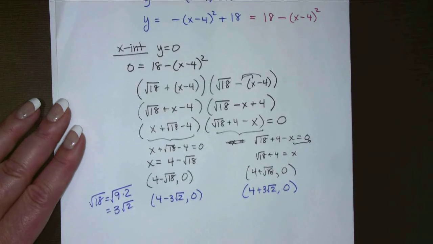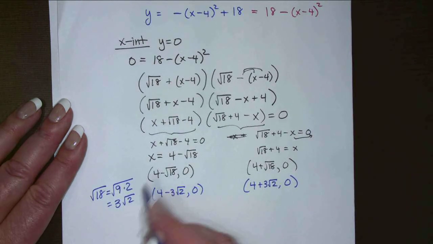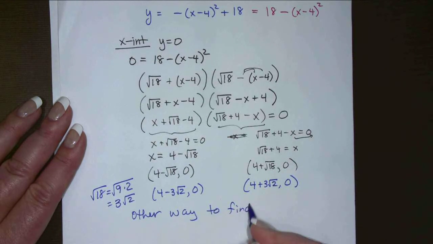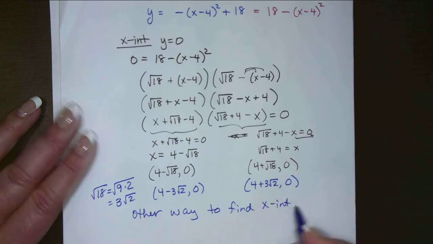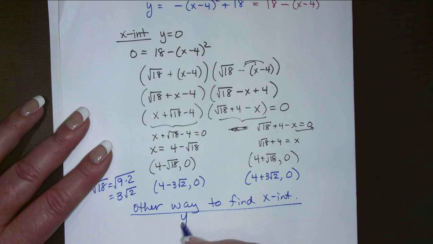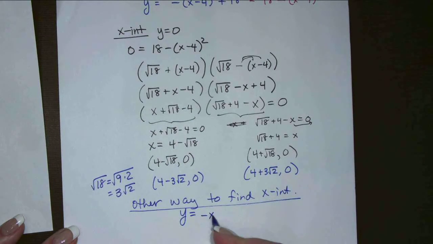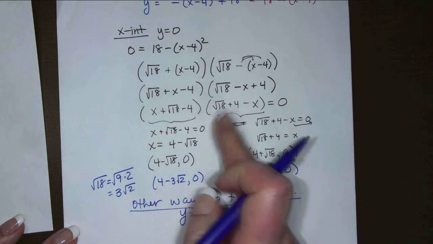Okay. So the other way to find the x-intercepts would have been to take our original equation, which probably would be easier in this case than doing that.